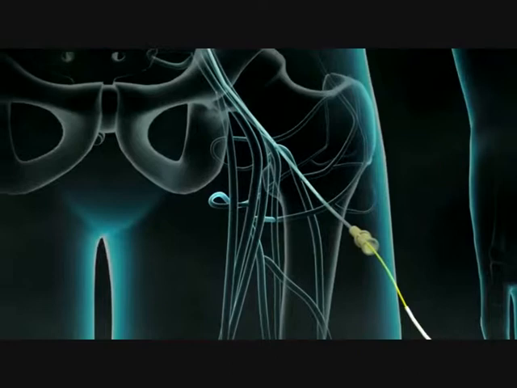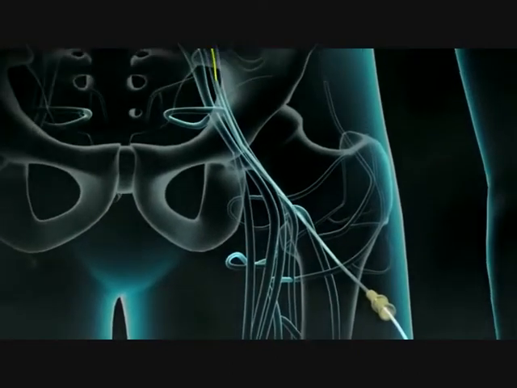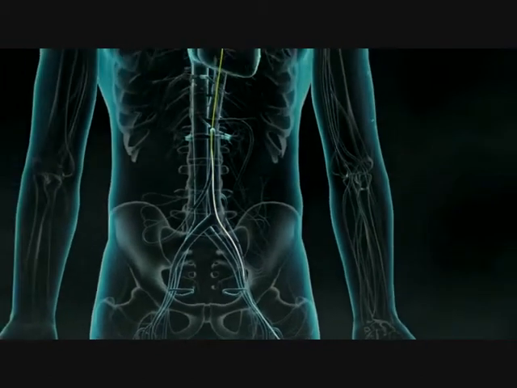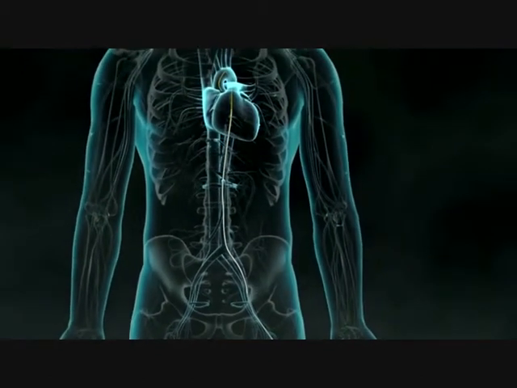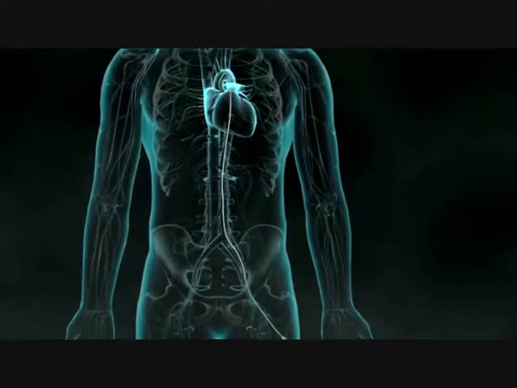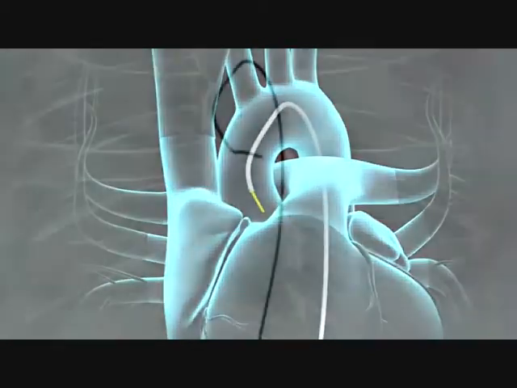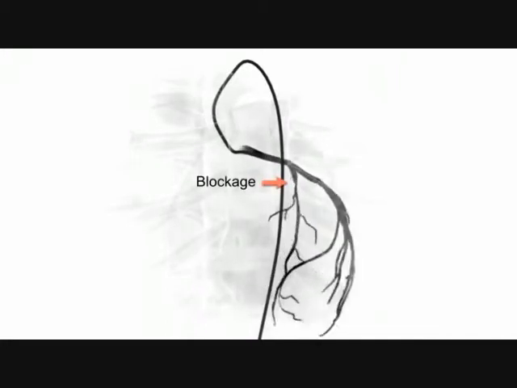Another thin, hollow tube called a catheter is guided through the sheath to the arteries surrounding the heart. Dye, or contrast material, is then injected into the catheter. As the dye moves through the arteries and chambers of the heart, its movement is digitally photographed so the physicians can identify the locations of the blockages.